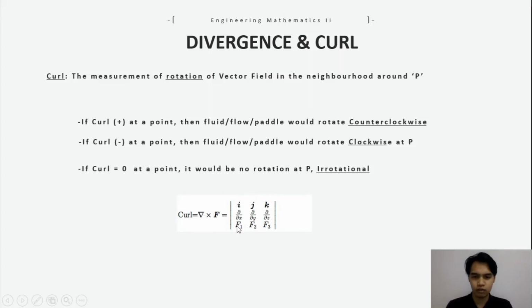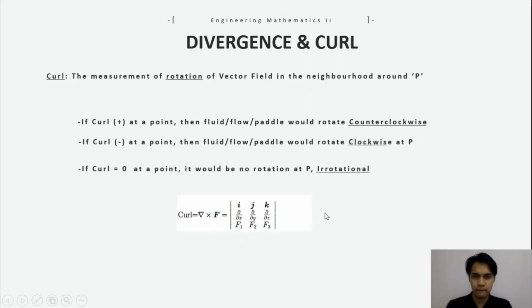And this is the formula. Curl equals del cross product with function F, so this is i, j, k, partial derivative x, partial derivative y, partial derivative z, function 1, function 2, function 3.